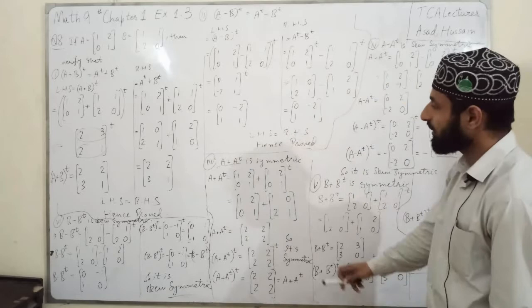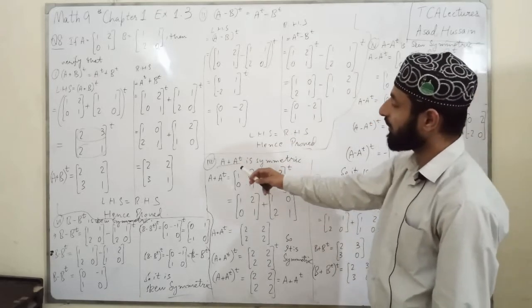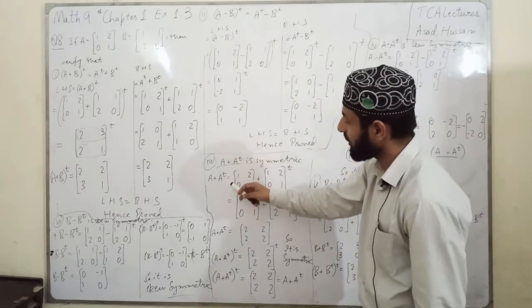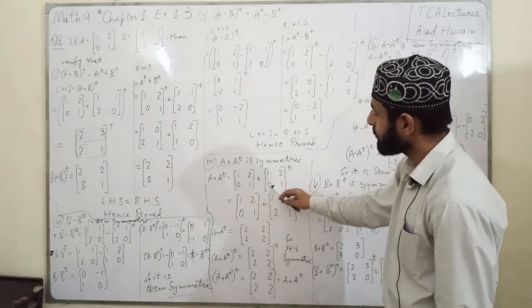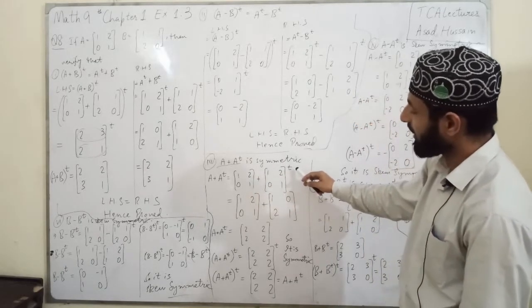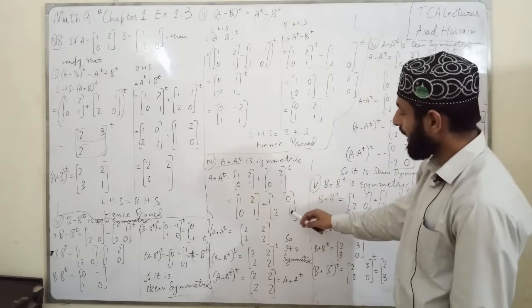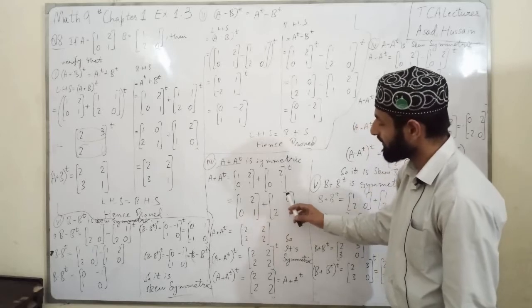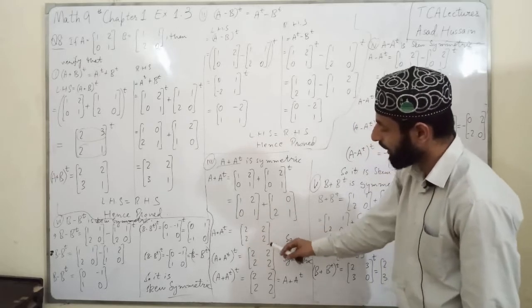The third part states A plus A transpose is symmetric. For this, first we have to find A plus A transpose. A plus A transpose is equal to [1 2; 0 1] plus [1 2; 0 1] transpose. First taking the transpose we get [1 0; 2 1]. Now adding the corresponding entries, 1 plus 1 is 2, 2 plus 0 is 2, 0 plus 2 is 2, 1 plus 1 is 2.